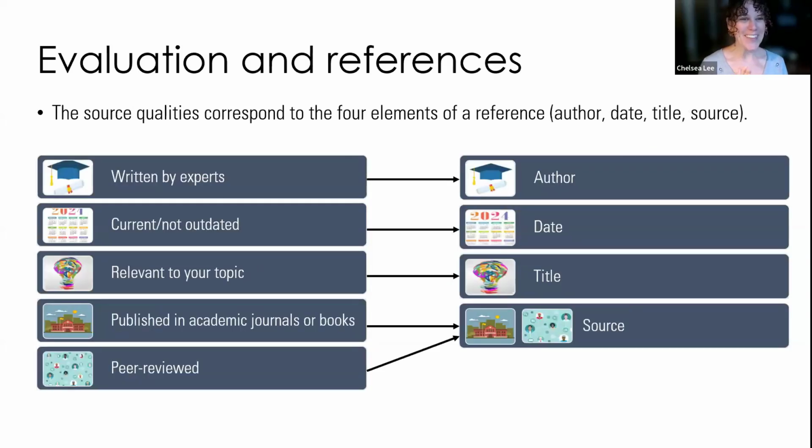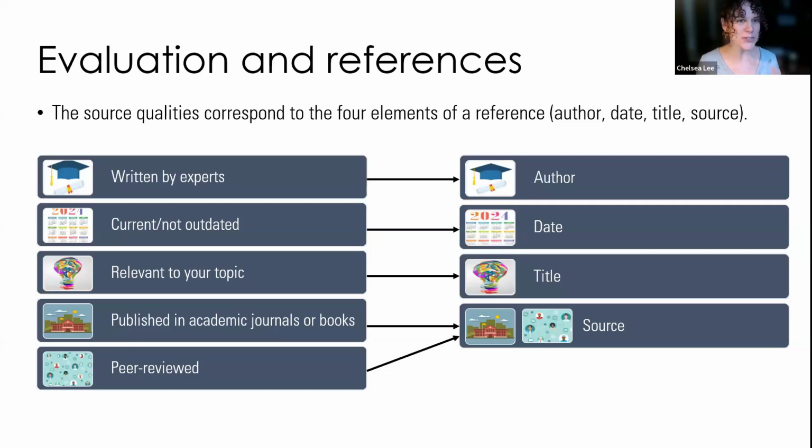So I want to point out that the list of five things that I just spoke about for evaluating sources corresponds to the four elements of a reference in APA style. The experts are your authors. The currency, you can look at the date to figure that out. The relevance to the topic, you can tell some from the title if it's going to be relevant.